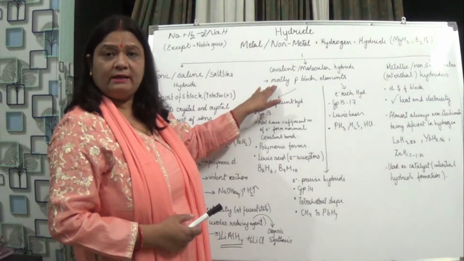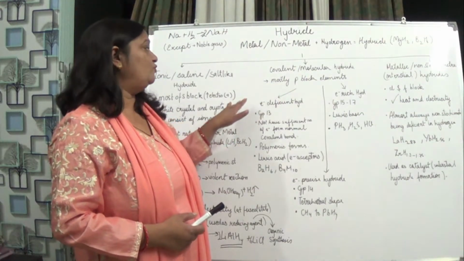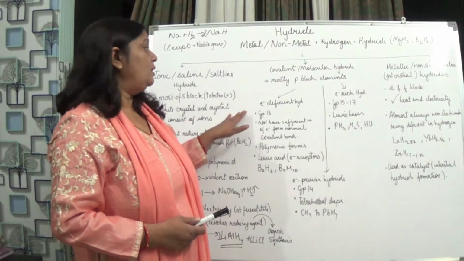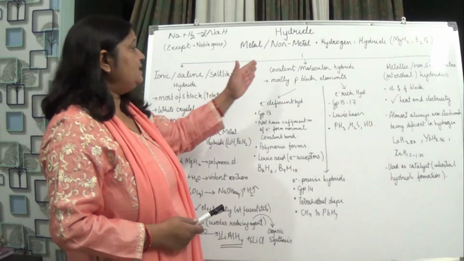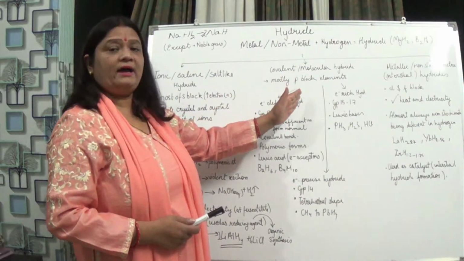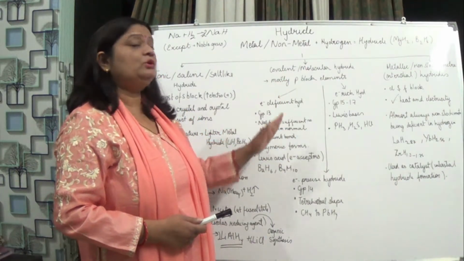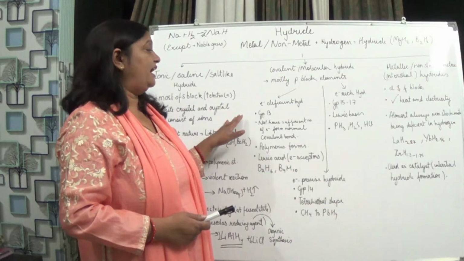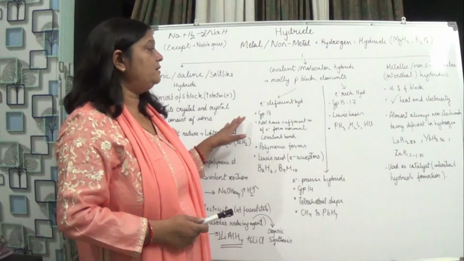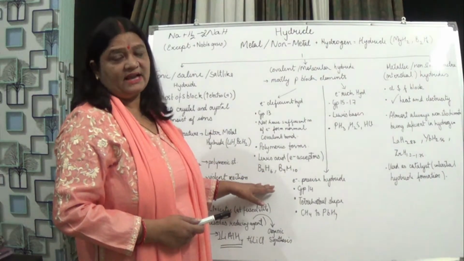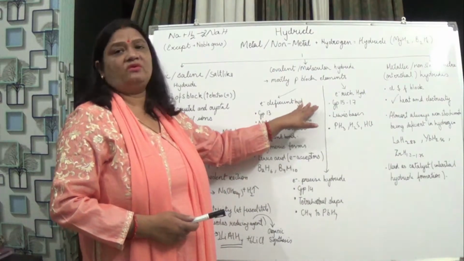The p-block elements participate to form this type of hydrides. So basically this covalent or molecular hydride is classified into three: the first one is the electron deficient hydride, then electron precise hydride, and electron rich hydride.